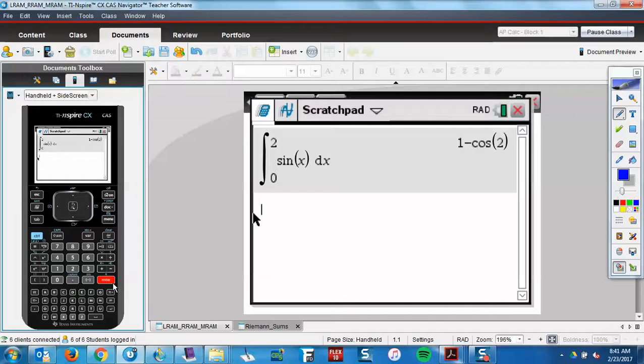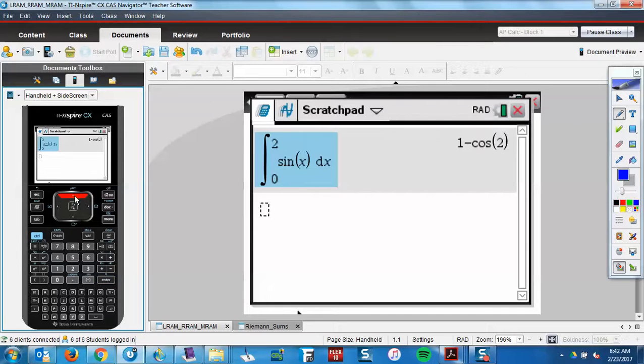Why does it do that? How does it get it? Fundamental theorem part 2. The calculator is smart enough to do the antiderivative of this, and that is an exact answer. Now, if I wanted the approximation, I could press control enter and get a decimal. But that is an exact answer because it can do the antiderivative.